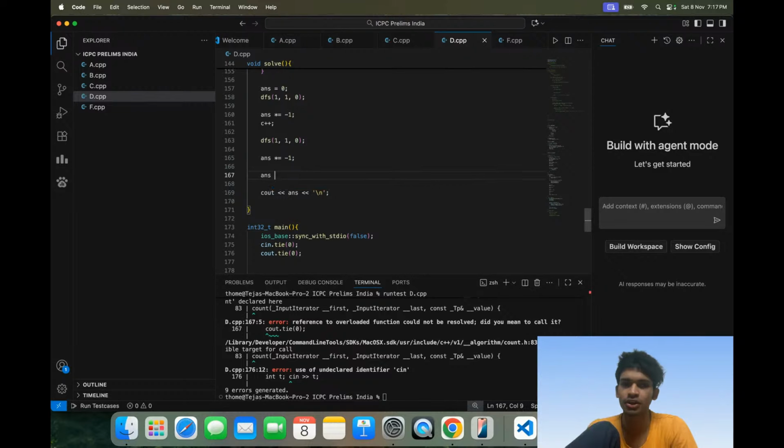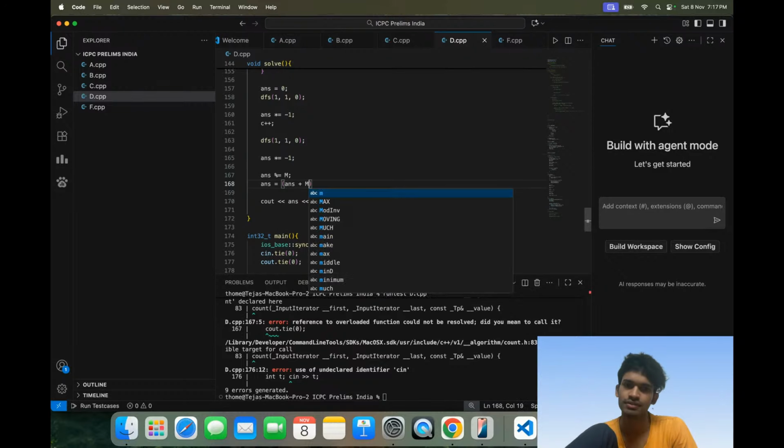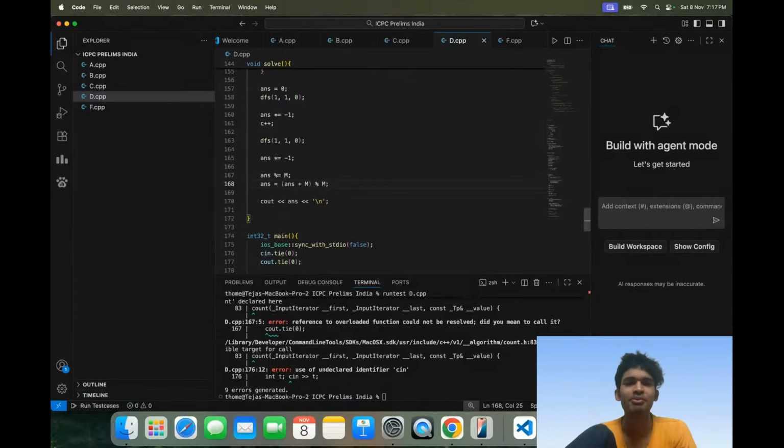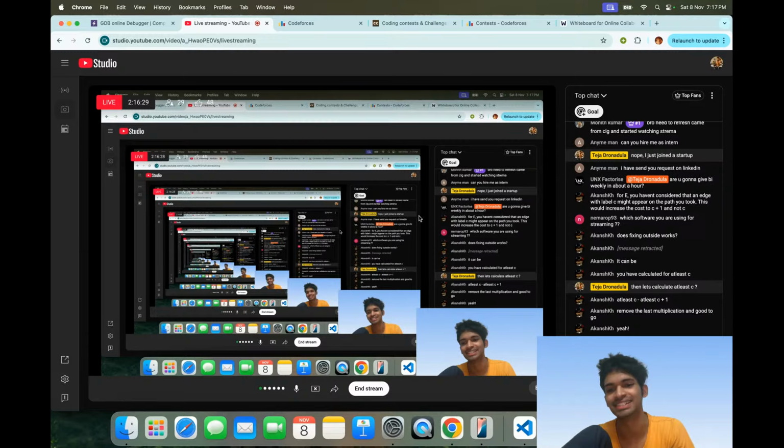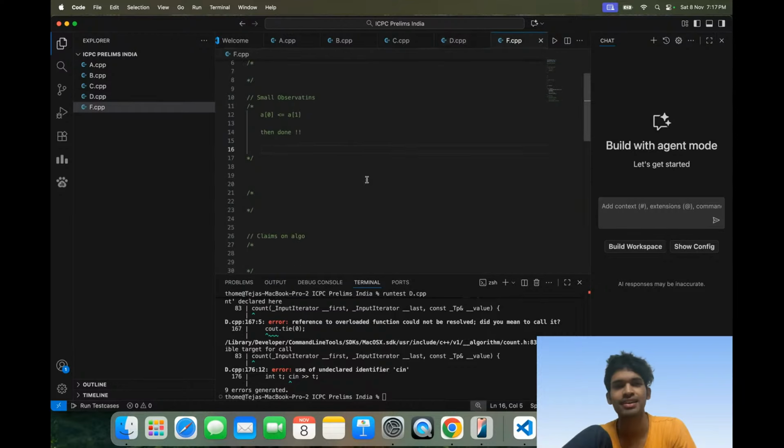You may say again, this is not enough. Before you correct me, modulo has been corrected. If a of 0 is less than or equal to a of 1, then done. Both are 0, 0. So is it one swap?